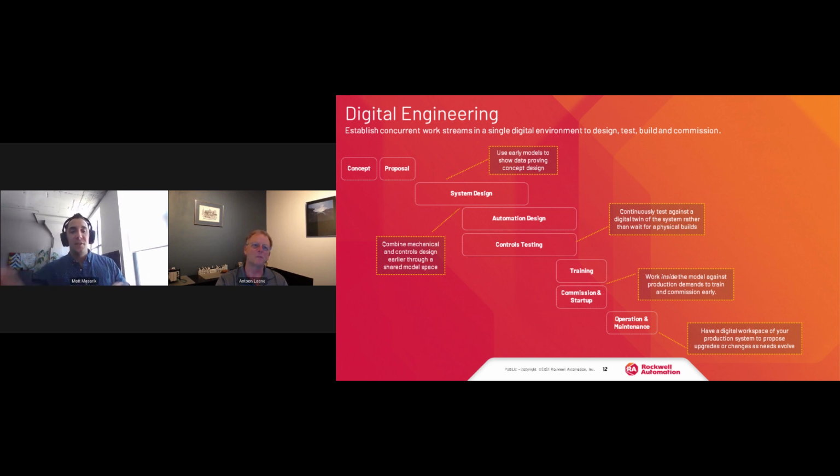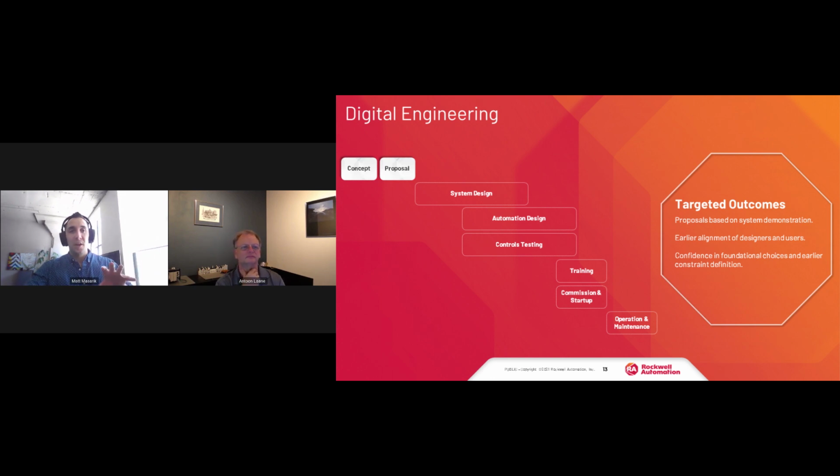So if these are the concepts as this project takes shape, these are the concepts that we're going to be applying. We're going to dig in now to these groups, and we'll start with the concept and proposal phase. Early on, we talked about your reliance on trust, but you would love to be able to demonstrate and prove out a concept or a proposal to really set yourself apart, to give the user confidence that you're making the right decision, from a systems integrator or a machine builder or a line integrator perspective.